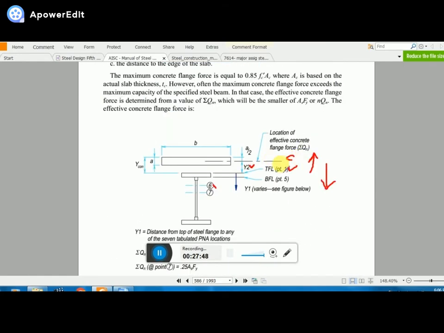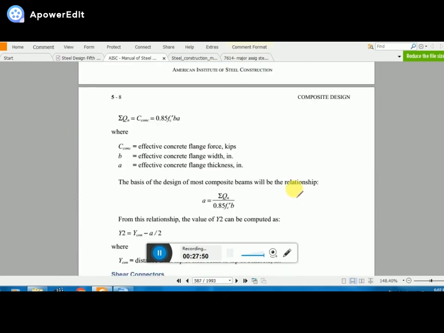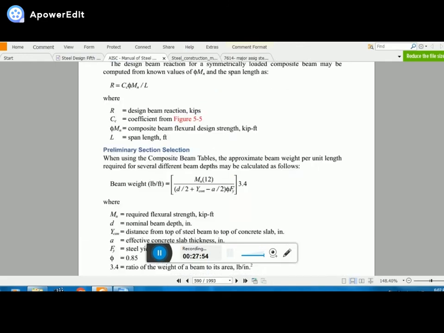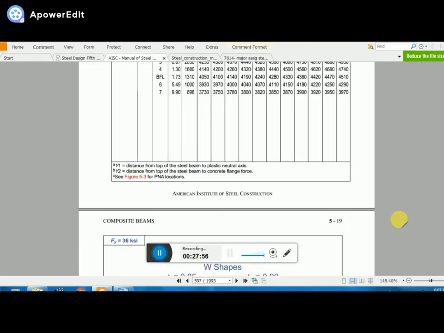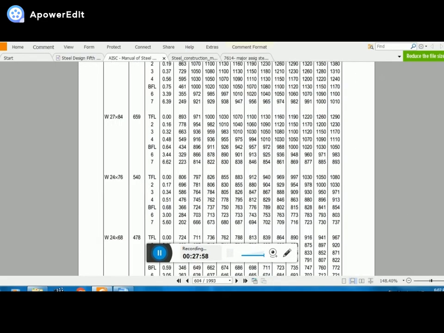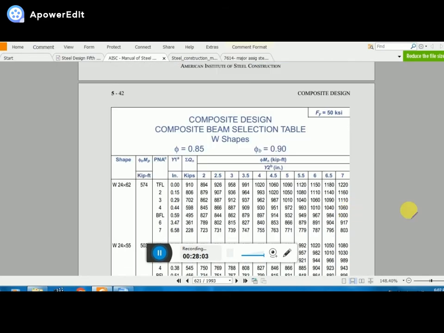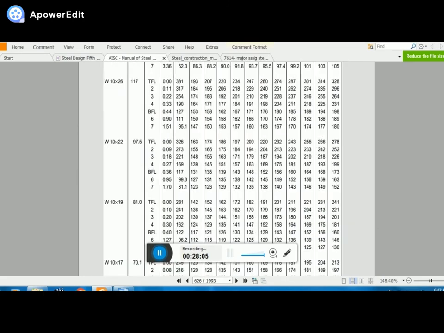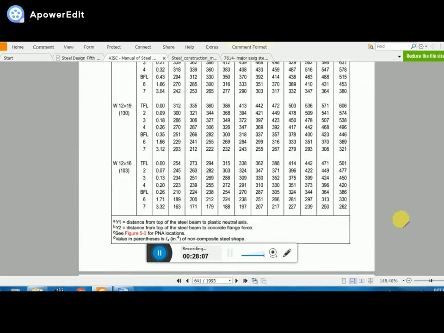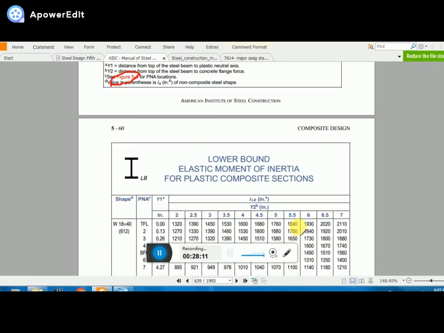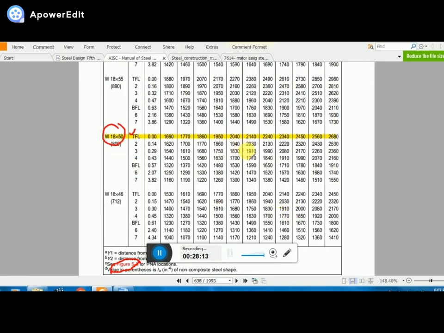Inshallah, we will do a design example on this, because the design example depends upon it. Clear? Now coming back to the part, that is 559. We choose our section, we choose our top flange location.